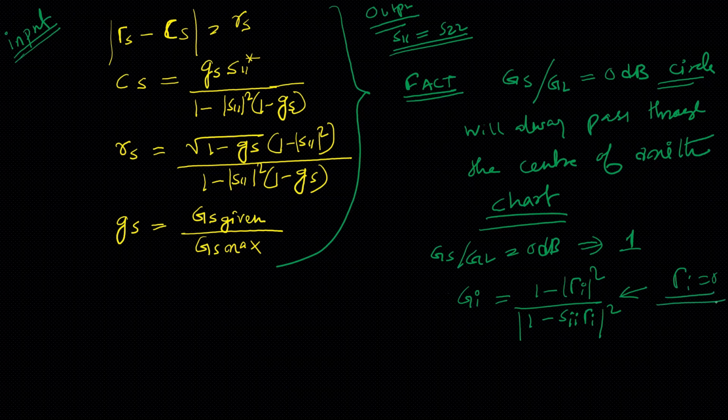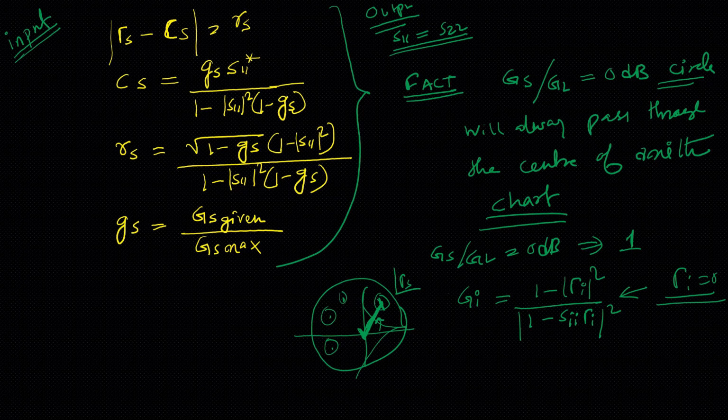And gamma I equal to 0 means, if we remember our concept of the Smith chart, any point of the Smith chart gives me the value of gamma s. If this is the point, then this line gives me the magnitude of my gamma s, and this angle gives me the angle of gamma s.